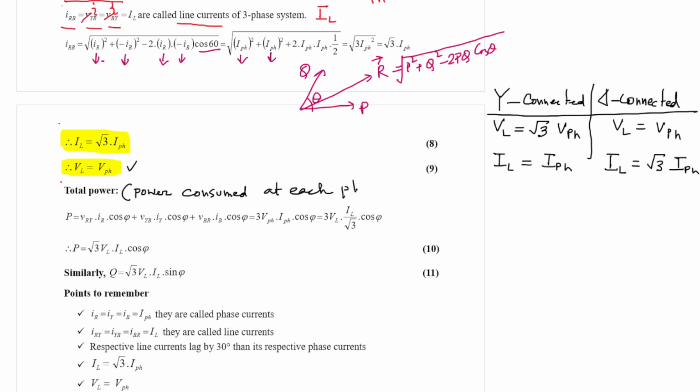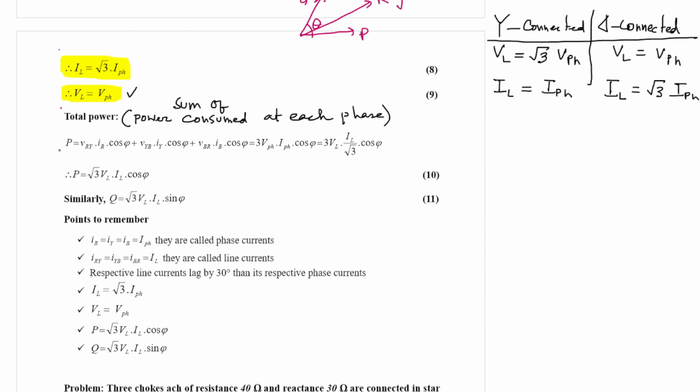The first term is the power consumed in R phase, the second term is the power consumed in Y phase, and the third term is the power consumed in B phase. So the summation of all these powers gives you the total power.